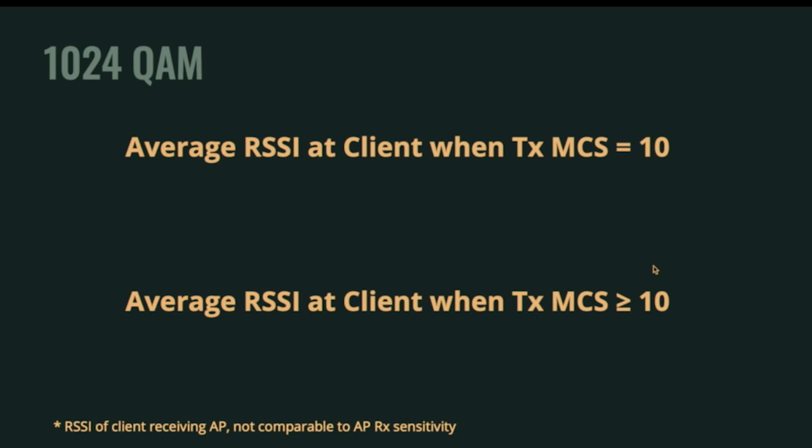Another way to look at this is the downlink RSSI. This is not the same thing as AP receive sensitivity, but it's the downlink RSSI that clients are measuring when they're at or above the thresholds for 1024 QAM. MCS 10 is the first MCS that supports 1024 QAM.